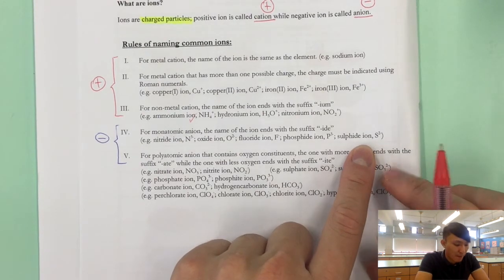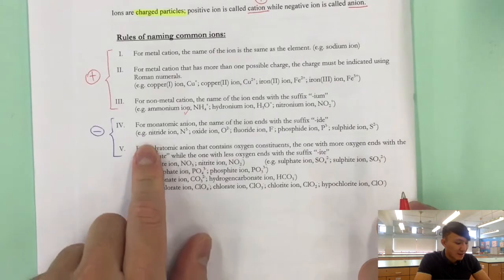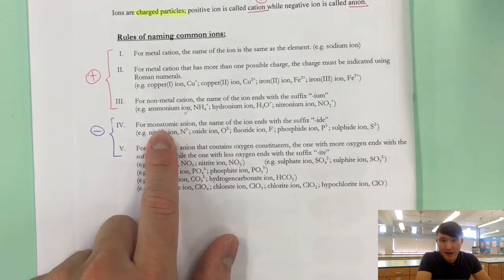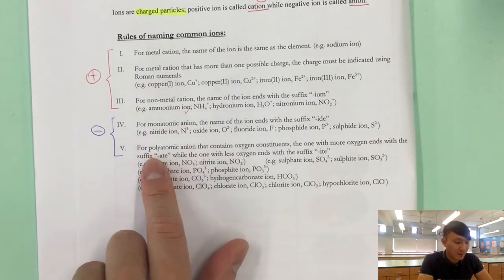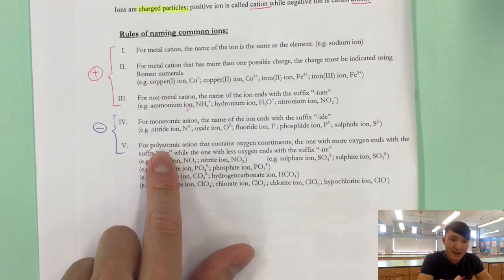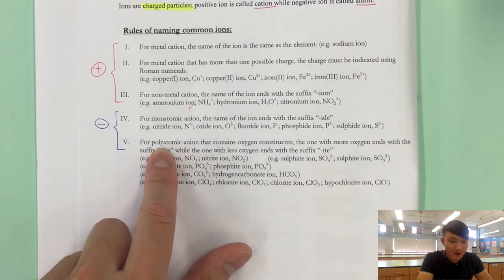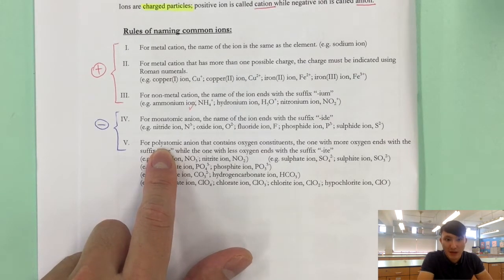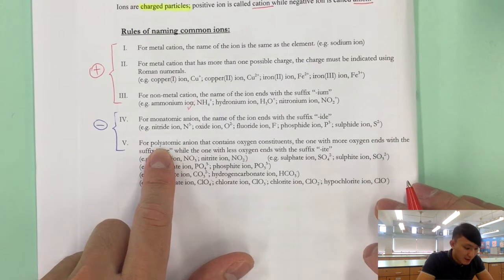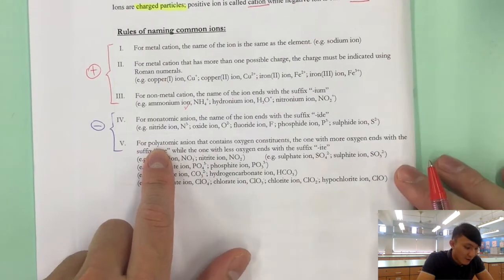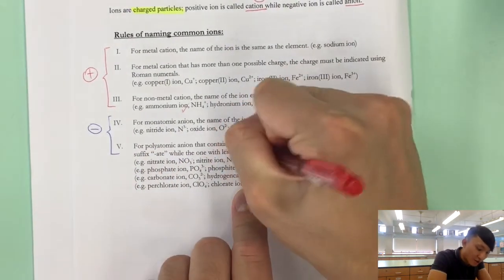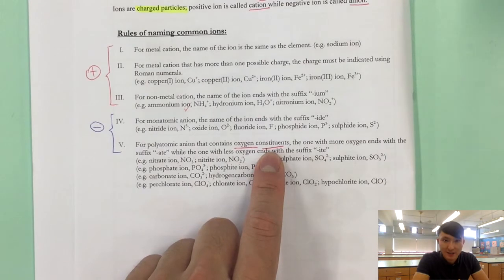Okay? Now down here, just now I have monatomic anion, so single atom anion. And down here we have polyatomic anion. Basically means more than one atom. Okay, the ions containing more than one atom. So here for polyatomic anion, very often they have oxygen inside.